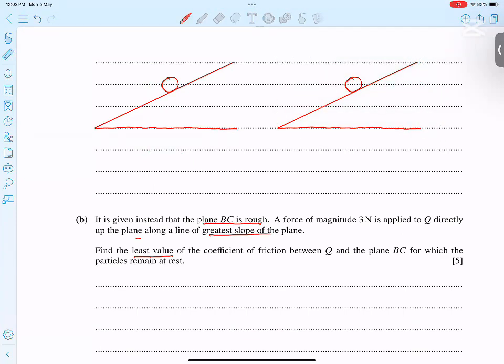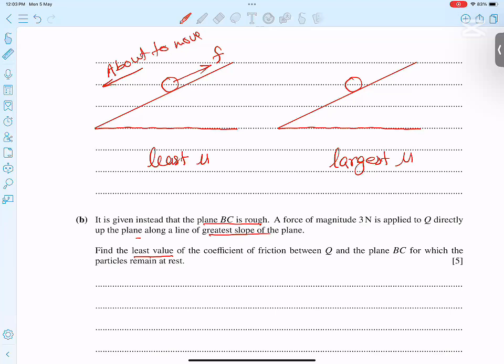If it is least force, so least friction value, least mu value, or largest mu value, two values he can ask us. Least means it is about to fall down, about to move down.